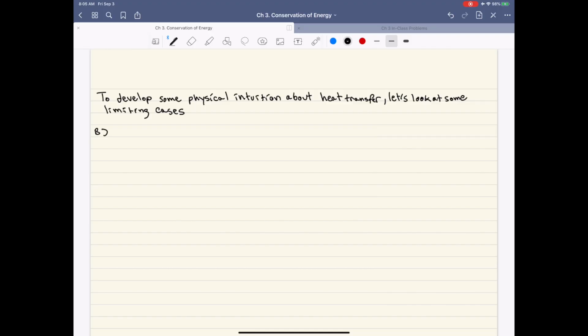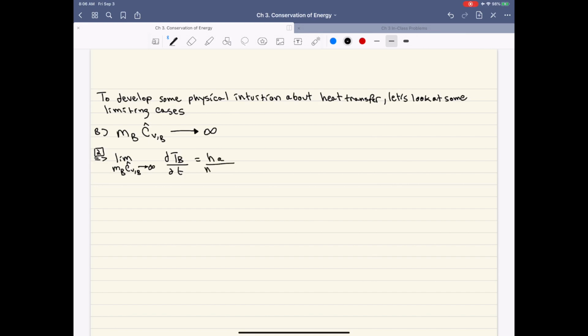And so in part B, one limiting case we could look at is when, mathematically, the product of MB and CVB approaches infinity. Okay? And so when that happens, if we take a look at equation 2 and take the limit of it as MB CVB go to infinity, what we have is dTB/dt.